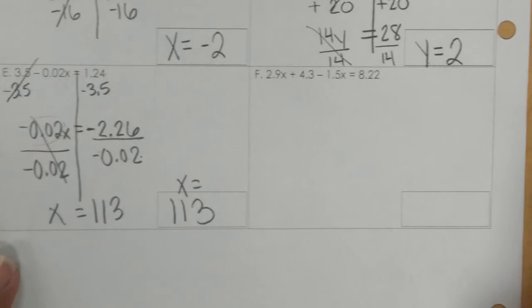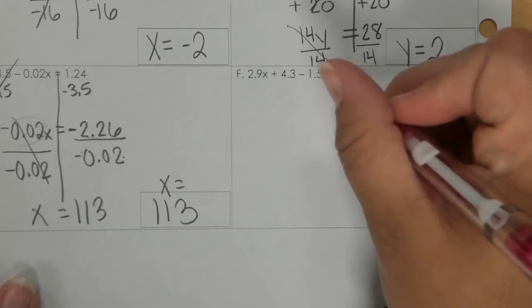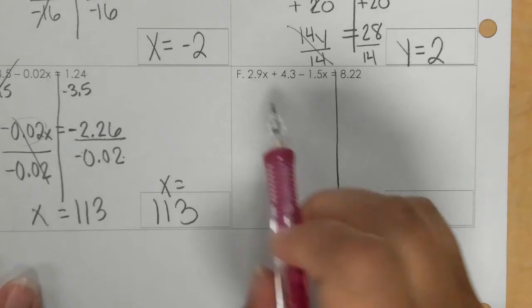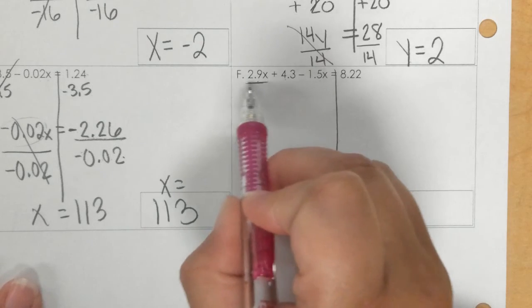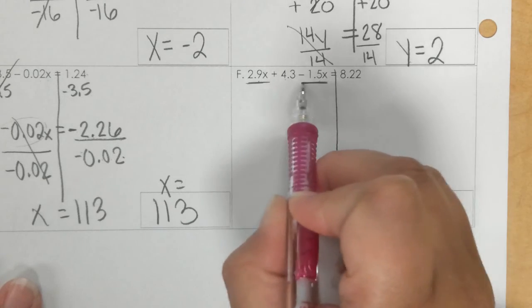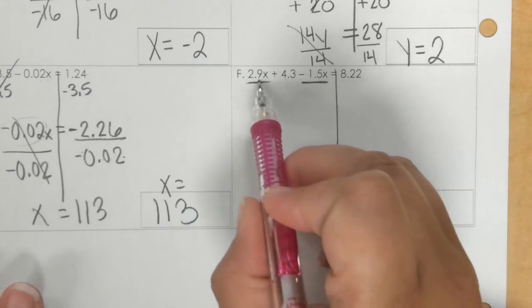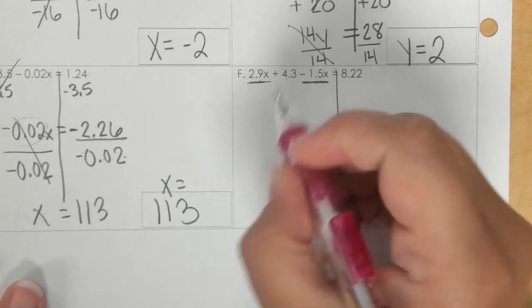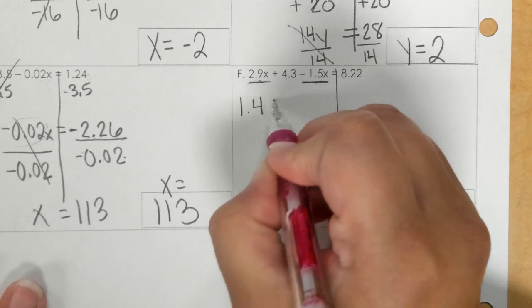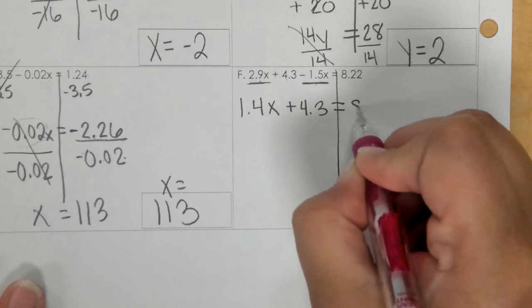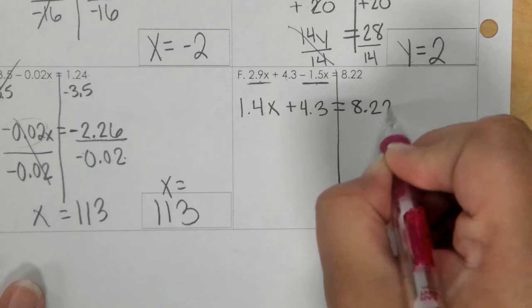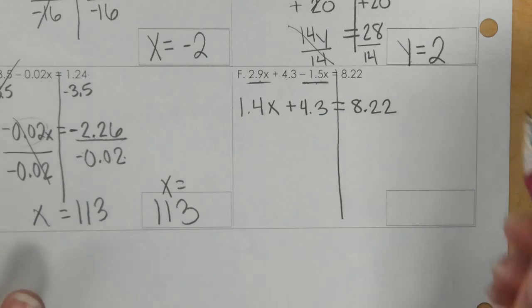Okay. And then for F, draw our line, and we look to see if we have like terms, and we do. So this one and this term, they both have x's. So we can take 2.9 minus 1.5, and that gives us 1.4. Plus 4.3 equals 8.22.